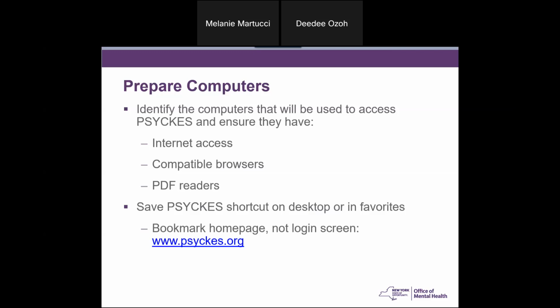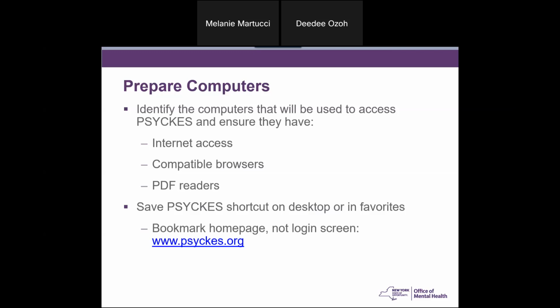One other thing you can do is save PSYCKES as a shortcut on your desktop or in your favorites. It's recommended that you bookmark the homepage, which is www.psyckes.org, and not the login screen where you enter your user ID and passcode. Bookmarking the homepage will bring you to our PSYCKES homepage, and then there's a big link in the center that you can click to log into PSYCKES each time you want to log into the application.